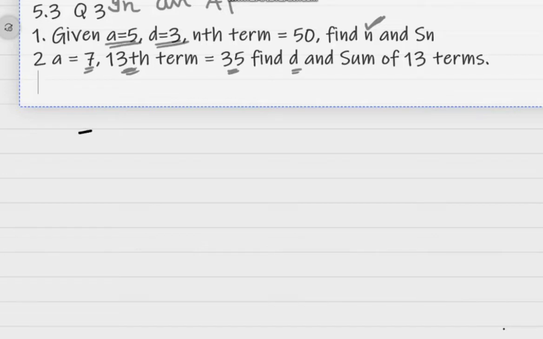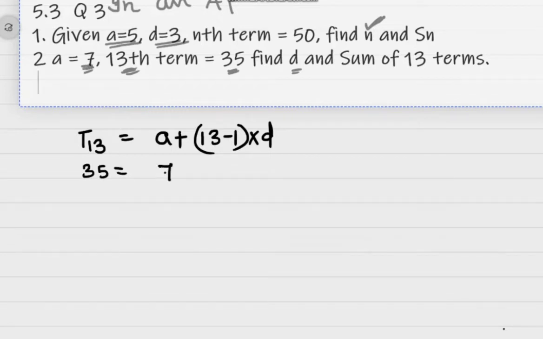Here you don't know about d, but you know the 13th term. So T13, how much is T13? T13 will be equal to a plus (n minus 1), that is (13 minus 1) into d, isn't it? T13 is 35. So 35 is equal to, what is your a? a is equal to 7. 7 plus 12d. Okay.